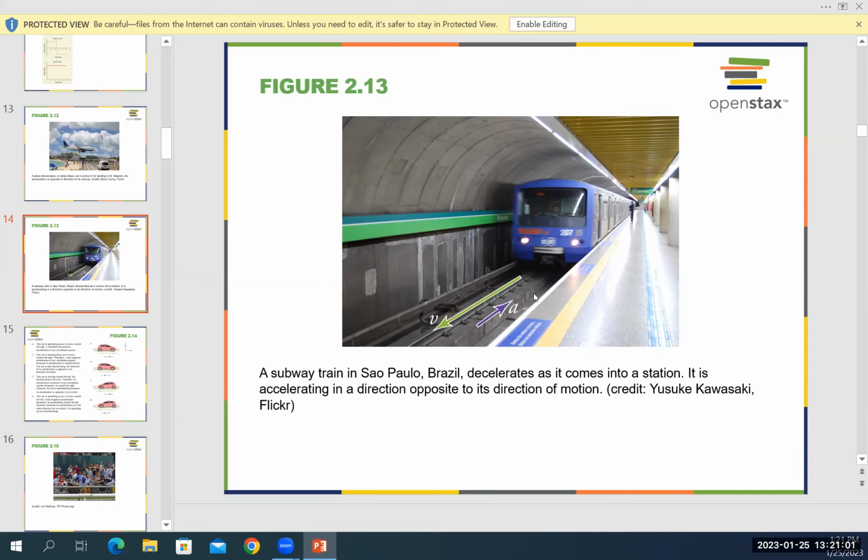Now, if we continued that trend, what you would see is that the direction of those arrows would change. Imagine taking a baseball and throwing it in the air, straight up. It's going to travel up until a certain point. It's going to get to the top of its arc, it's going to change direction, and it's going to come back down. You can do this just sitting at your desk right now. Just take a pen or a pencil and toss it up in the air and watch what happens.